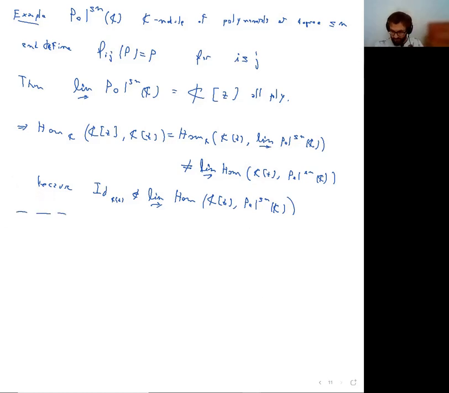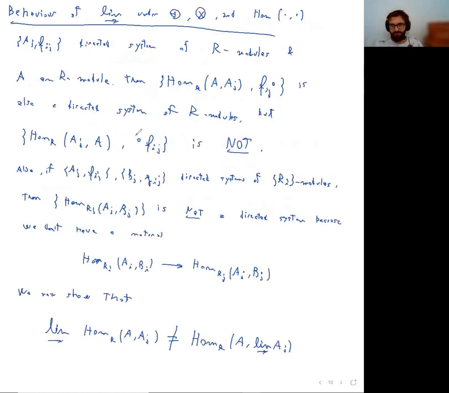Okay. What time is it? Okay, we have time to finish this part. And okay, so now let's move to the tensor product. So okay, hom functor, nothing works. I mean, something works. If you have a directed system, then this is a directed system. That's it. Nothing else is a directed system, and this is not even continuous with respect to the direct limit.